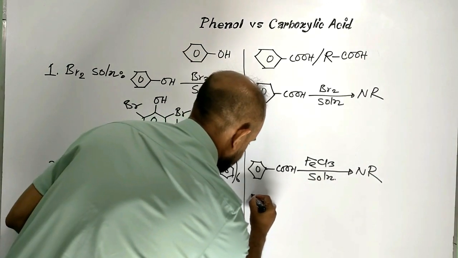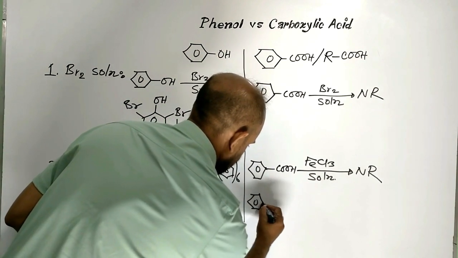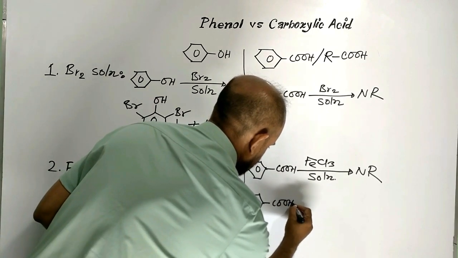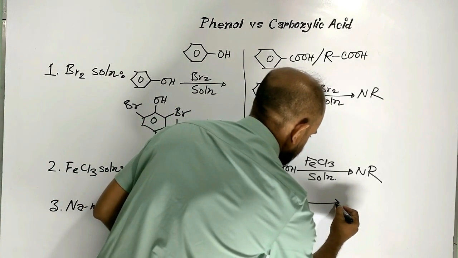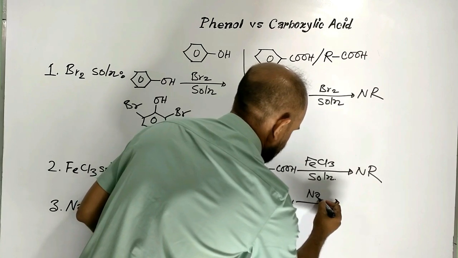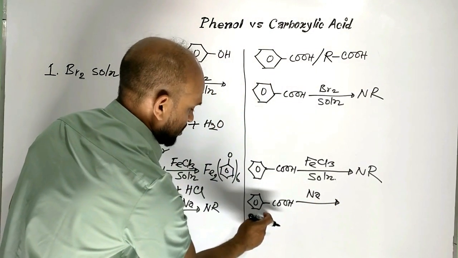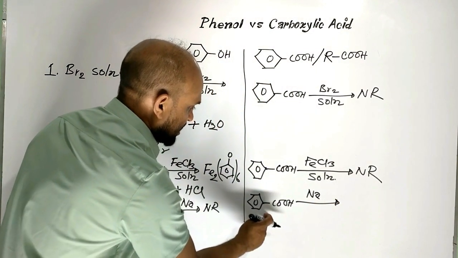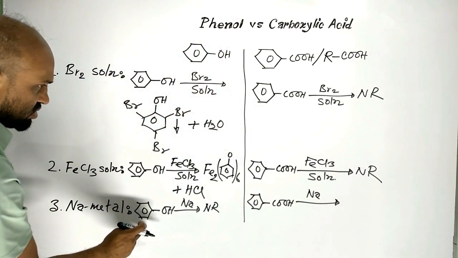On the other hand, carboxylic acid, this is a kind of a bit stronger acid than phenol.